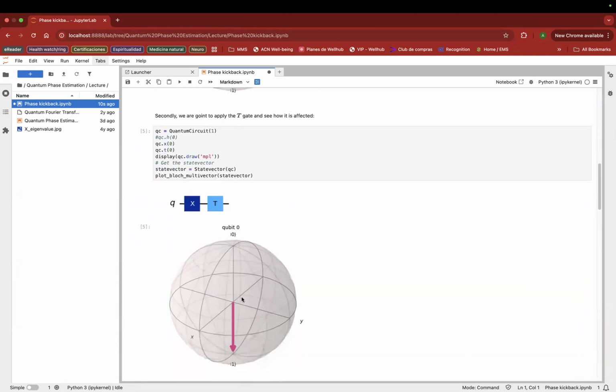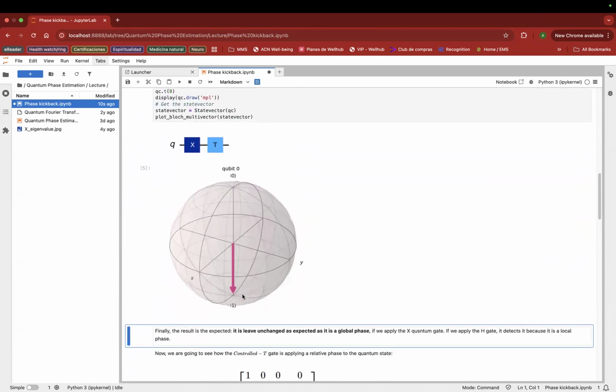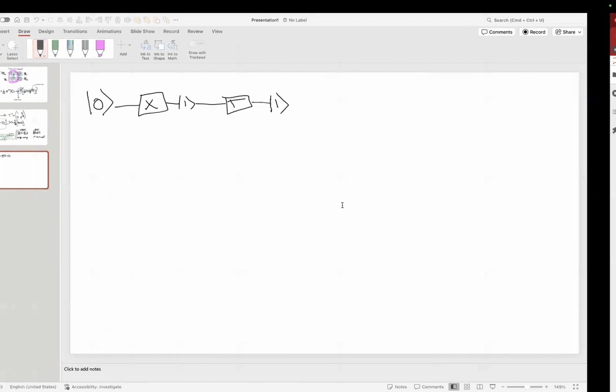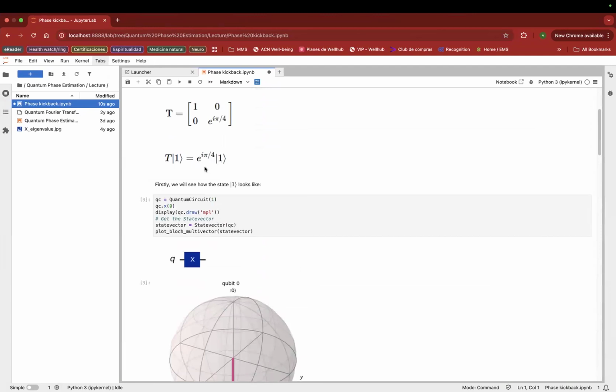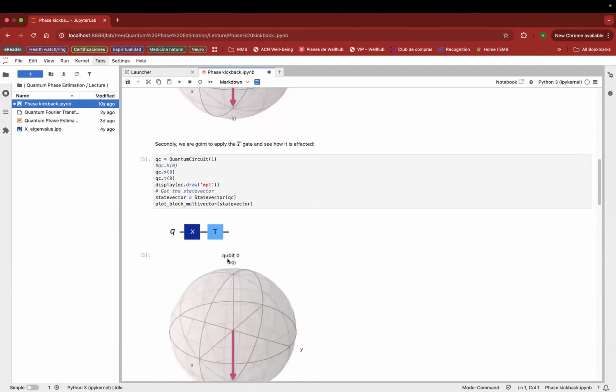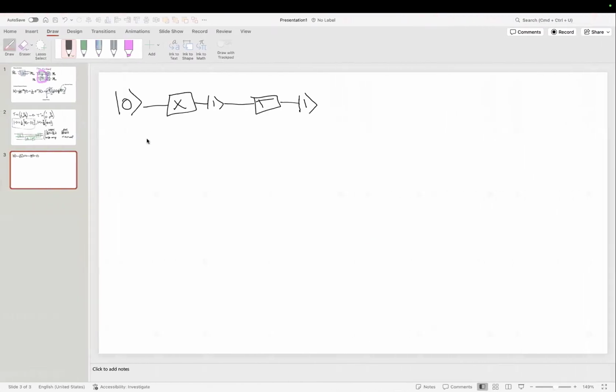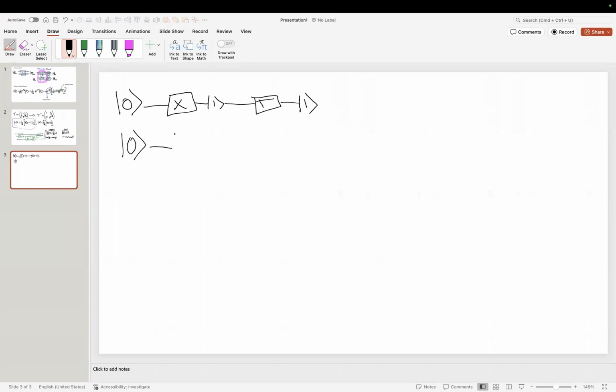Where are we going to see something in the quantum computer? It makes a change when we have a relative phase. In this case, we have a global phase, so we don't see anything. But when we have a relative phase, we put 0, now we apply Hadamard.